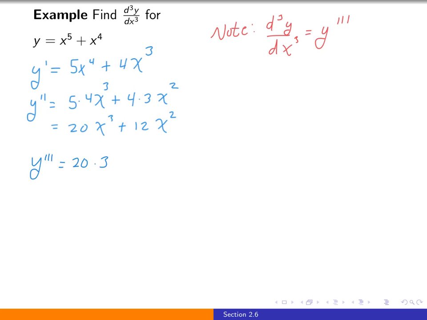The 3 comes down, the new power of x is 1 less. Plus 12 times the derivative of x squared. The 2 comes down, and the new power is 1 less. So this simplifies as 60x squared plus 24x. And this will be the third derivative of the function y.